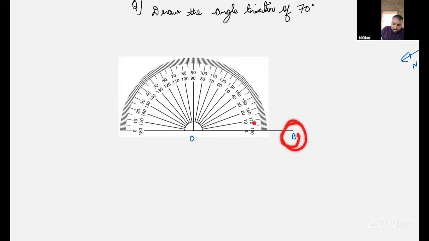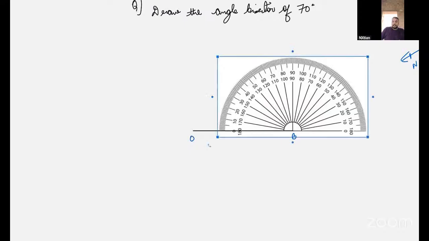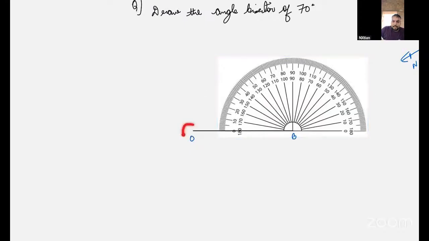So it means that we have to take this 0, 10, 20, 30, 40 like this. Now, if I put this protractor on the B point and make the diagram, then the O side, the line side, is on my left side. So we have to take this 0 to 10 now. Got my point, everyone? Any confusion?